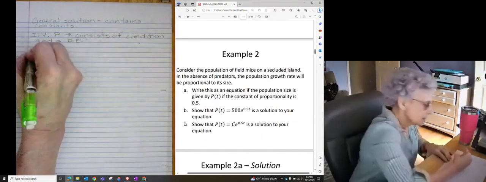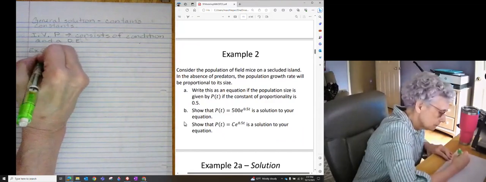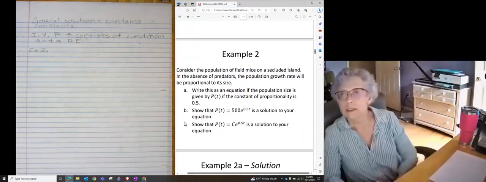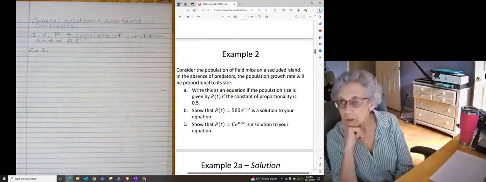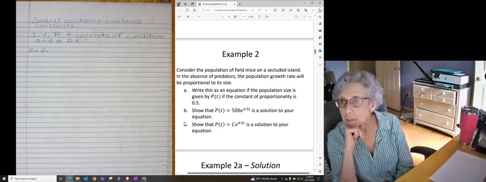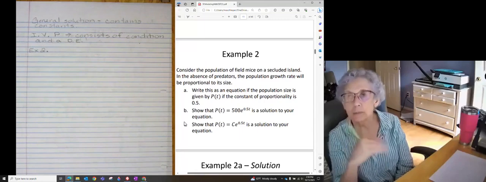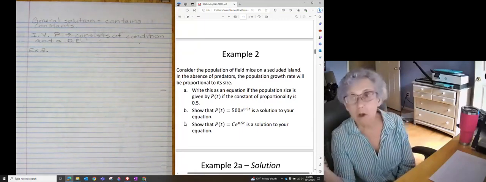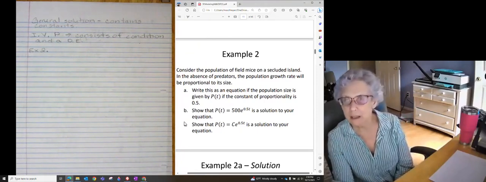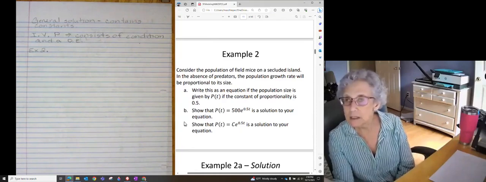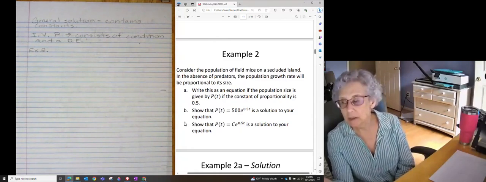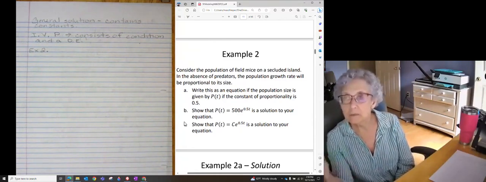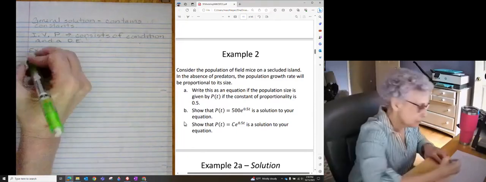Let's look at a differential equation. Consider the population of field mice on a secluded island. In the absence of predators, the population growth rate will be proportional to its size. So proportional means you can multiply it by some proportionality constant. Write this as an equation if the population size is given by P of t and the constant of proportionality is 0.5.